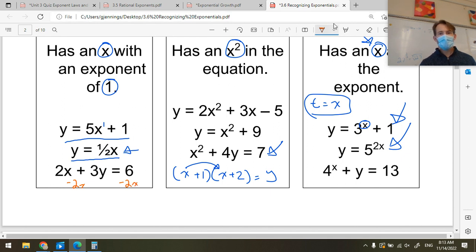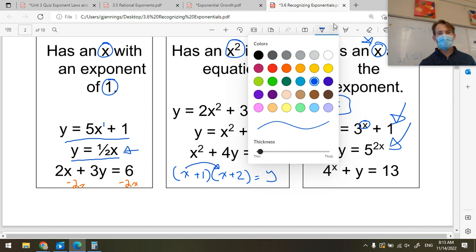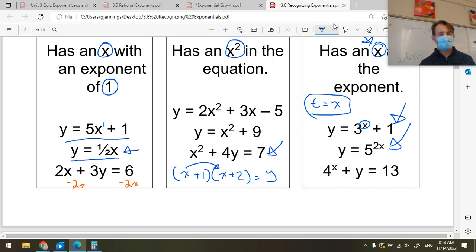Here's a tip, and I noticed when I was going through the Unit 2 tests that some of you would benefit from this tip. When you're doing your inverse operations to isolate different variables, in this case I want to isolate y, try them in inverse Bedmas order. First, deal with any loose addition and subtraction.